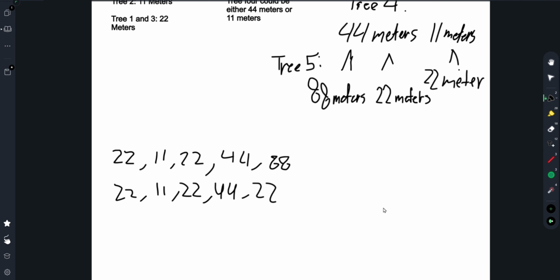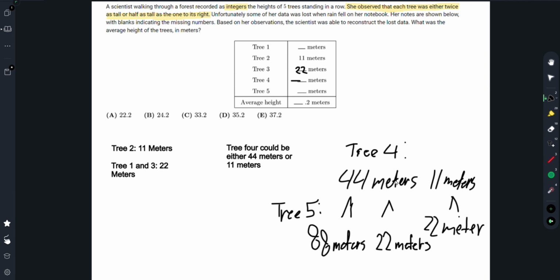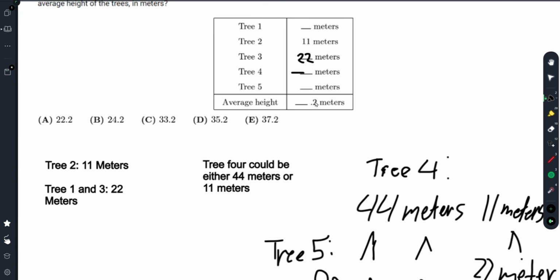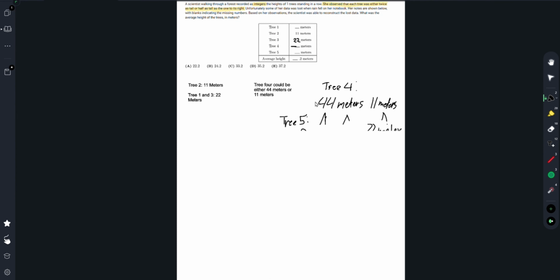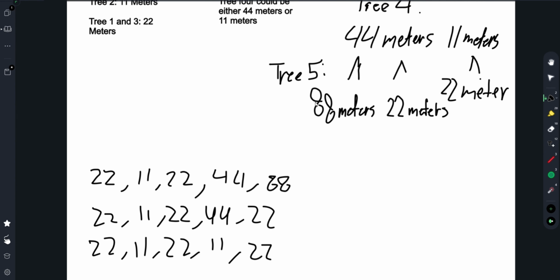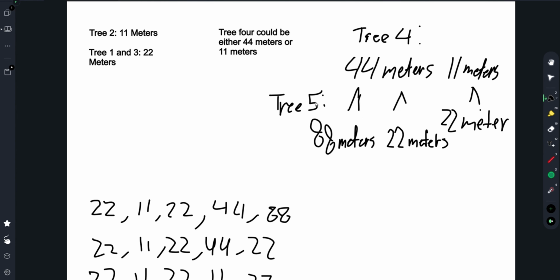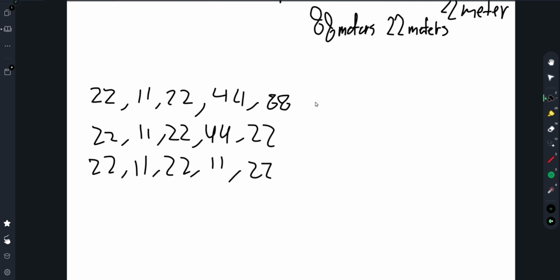And the last one with tree 4 being 11 meters would be 22, 11, 22, 11, and that would be 22. So we can find the average of each one and see which one ends in 0.2 meters because the problem states that's what the average ends in.